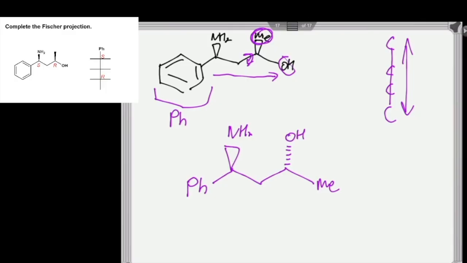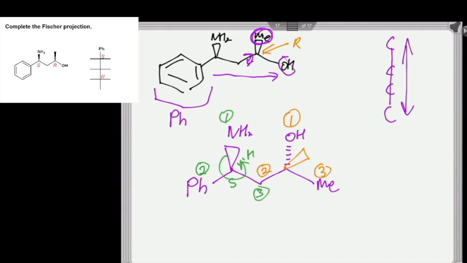If you're ever unsure about a manipulation like a rotation, if you've got the right configuration, remember we said this is going to be an S center. Nitrogen is 1, this carbon here would be number 2, 3, and to the back, my hydrogen. That's my S geometry at that center. We said over here, this one had an R configuration. We can check that. That's 1, this would be 2, this is 3.